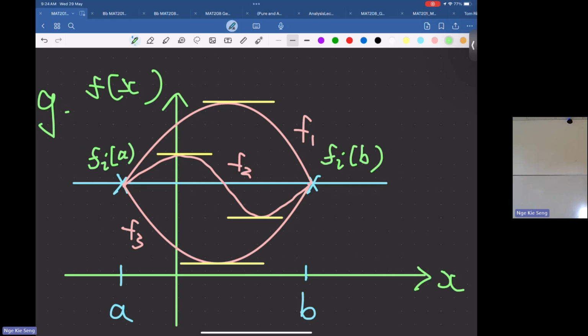And then the problem is why every continuous function that connects f(a) and f(b) has derivative 0 at some point in the middle of a and b. The idea is if you have a continuous function on a closed interval, you must have some extreme values.